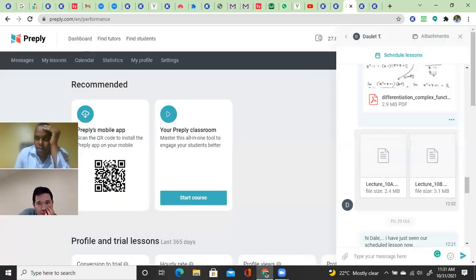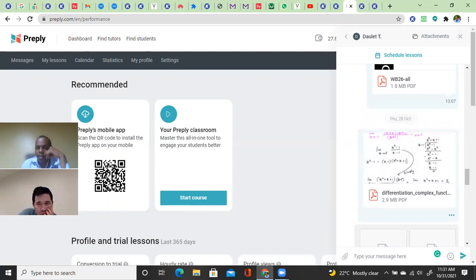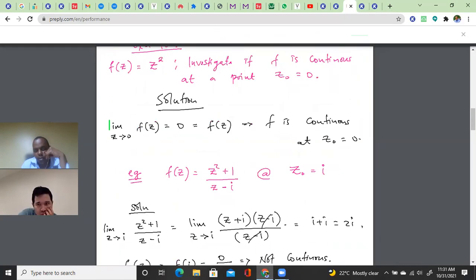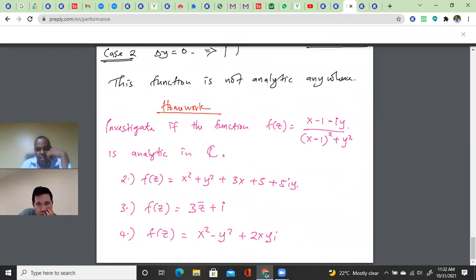Okay, so let us now go back a little bit to analytic functions. Let me open this. So this one was complex differentiation.